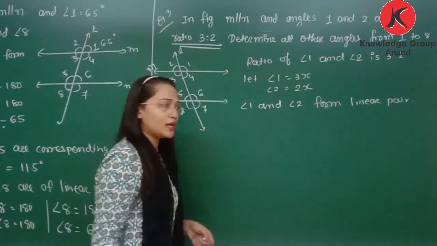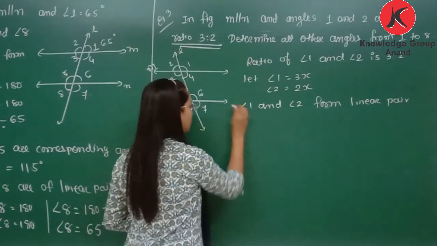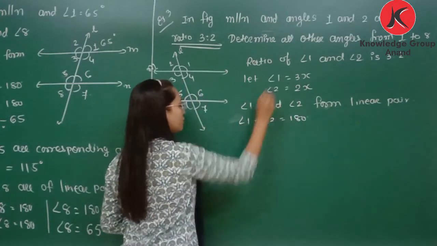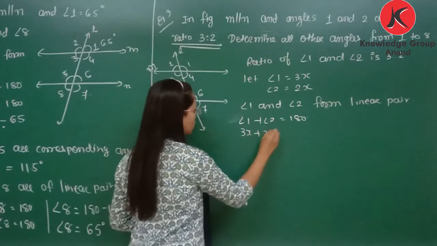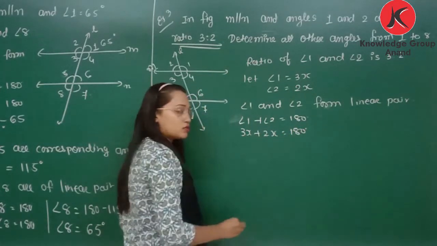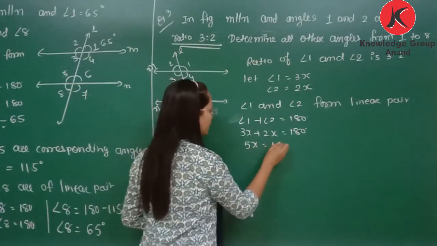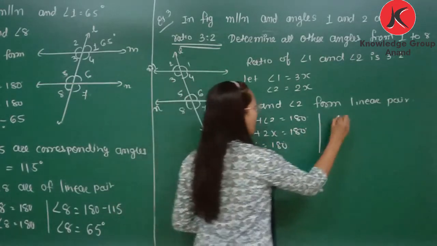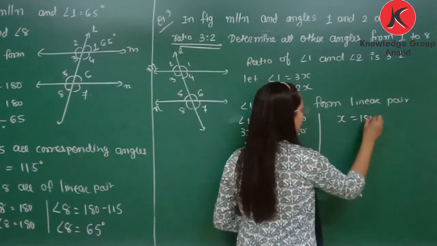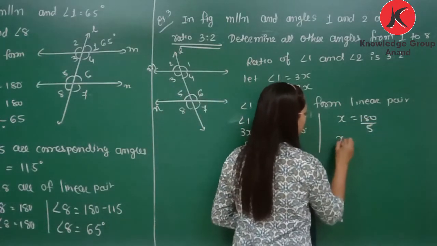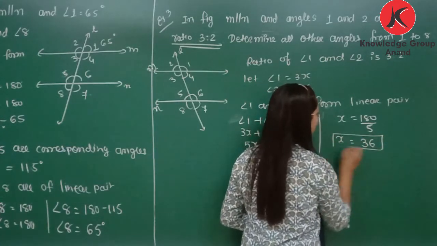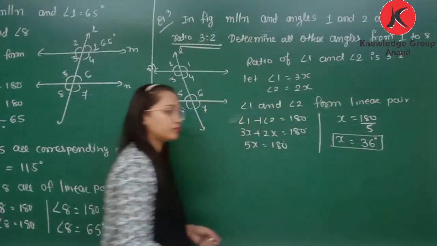Linear pair is 180, so angle 1 plus angle 2 is equal to 180. So 3x plus 2x, that is 5x, is equal to 180. So x we need to find. If we divide by 5, x is equal to 180 by 5, so x is equal to 36.